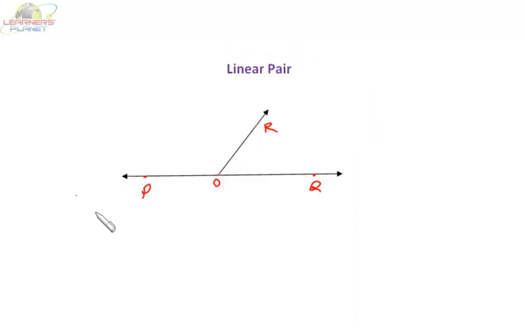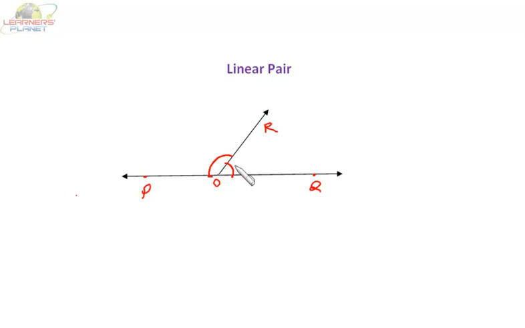Friends, we have just discussed adjacent angles. Now, if the sum of two adjacent angles is 180 degrees, then they form a linear pair. Here we can see angle ROQ and angle ROP, that is this angle and this angle.